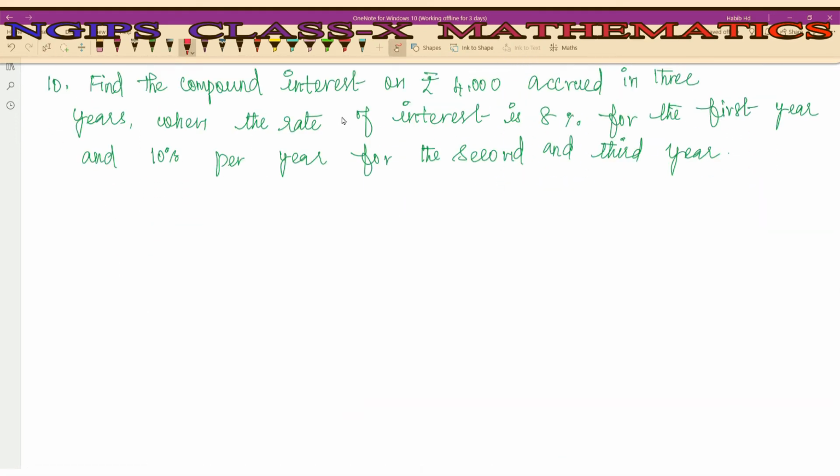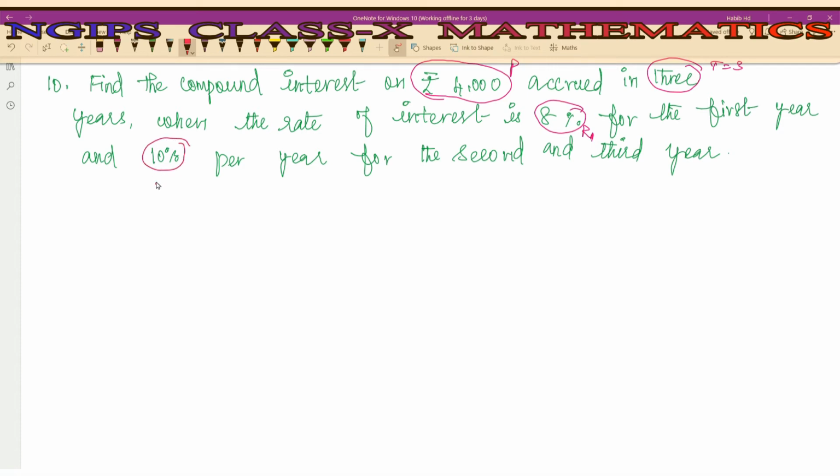Now if you look at the 10th question, we need to find out the compound interest. We have here the principal amount. The principal is equal to 4,000 in 3 years. So the time period is equal to 3 years, and the rate of interest is going to be 8% for the first year, and 10% per year for the second and third year.